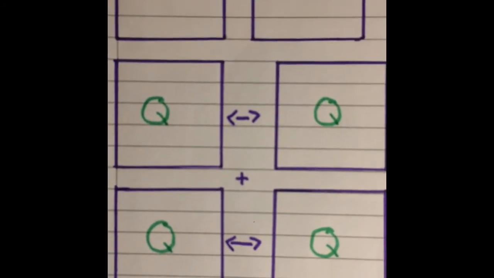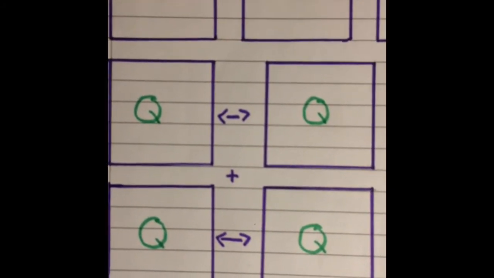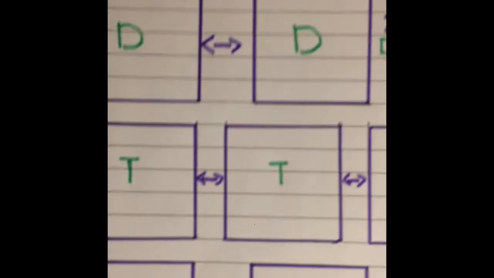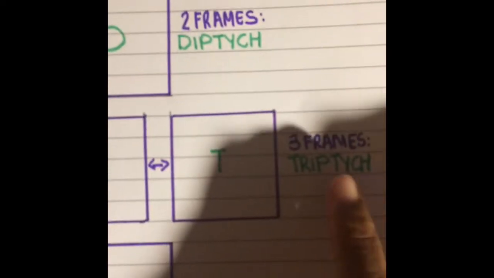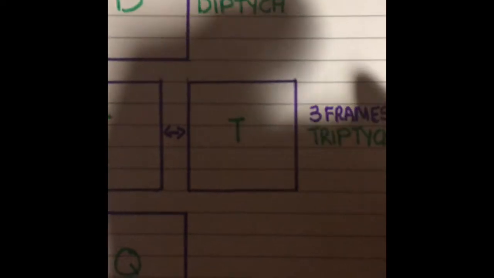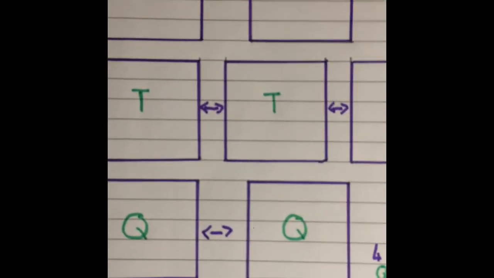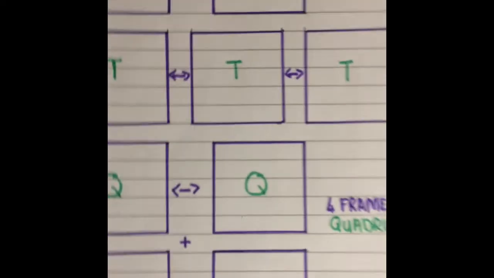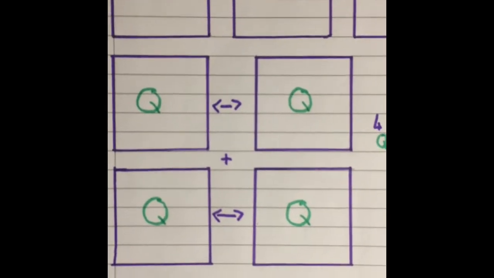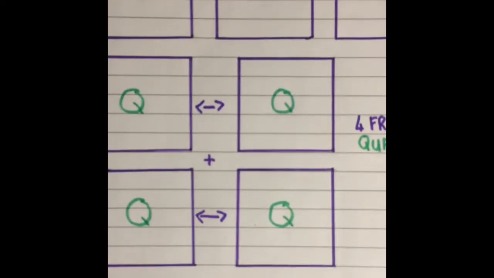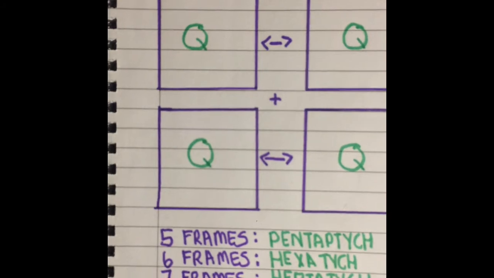You can place it like this, or next to each other. Just imagine there's another T there, and then it will be a quadriptych. So it can be placed next to each other or underneath each other. It all depends on how you want to create your artwork.